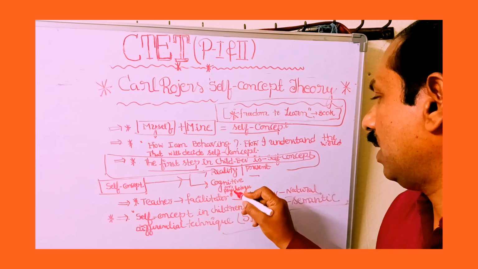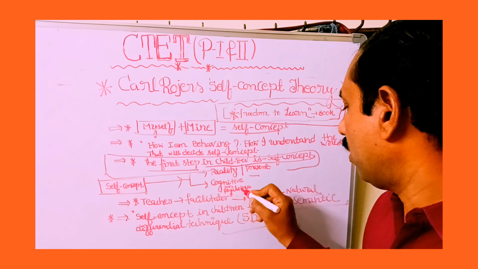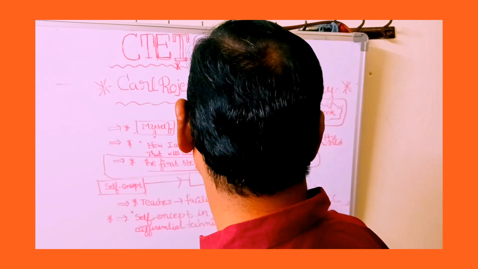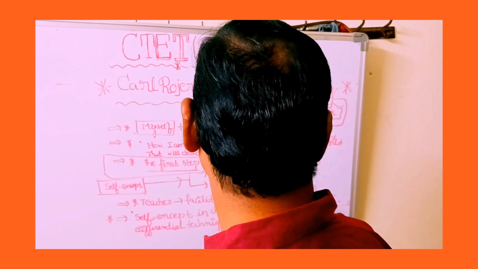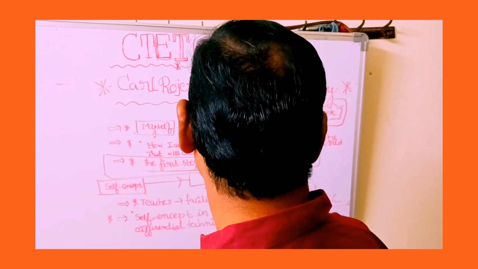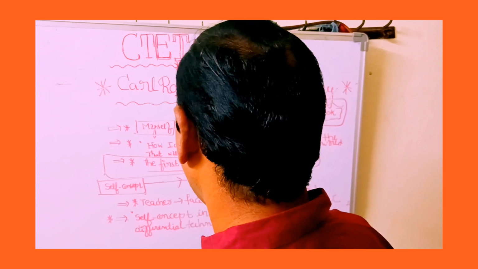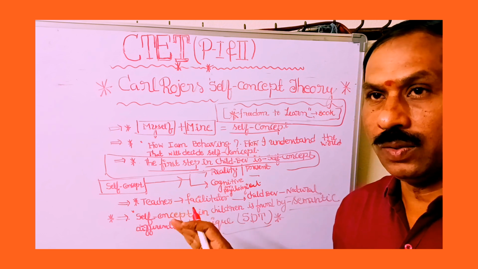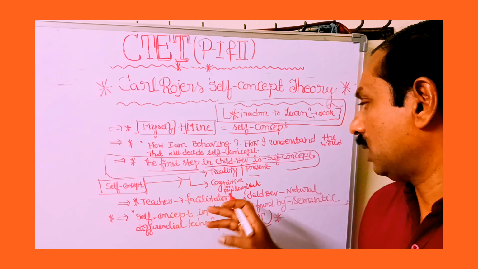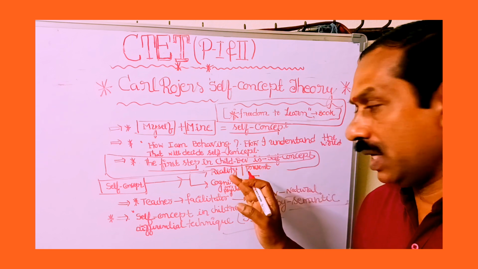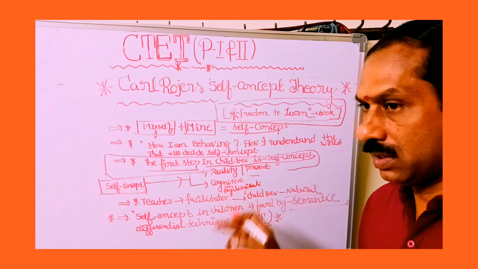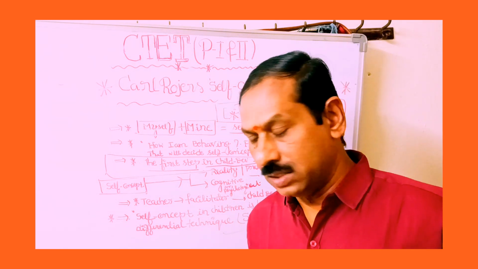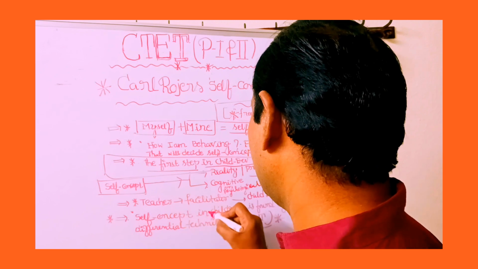And the second one is cognitive or psychological. So the self-concept is divided into two types according to Carl Rogers: reality or present state, and cognitive or psychological.